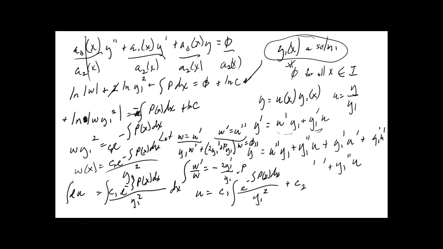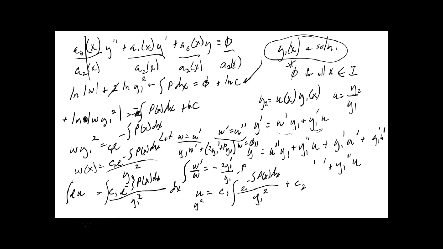Okay. So we have, and let's call that y2 now. Why not? Okay. So this will be y2. I'm going to multiply everything by y1. That's not squared, it's y2. y2 is equal to y1.